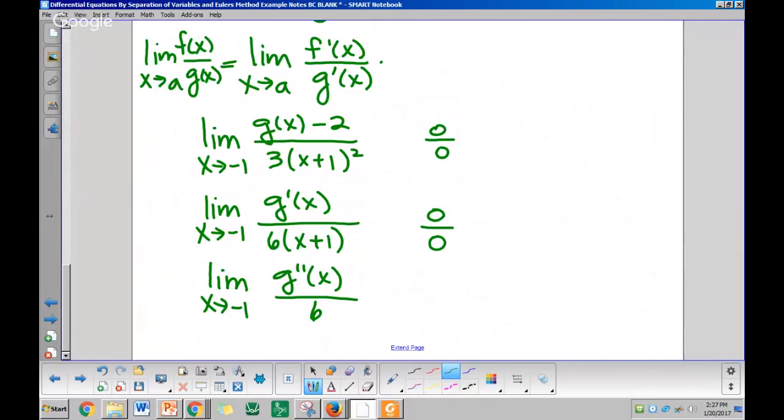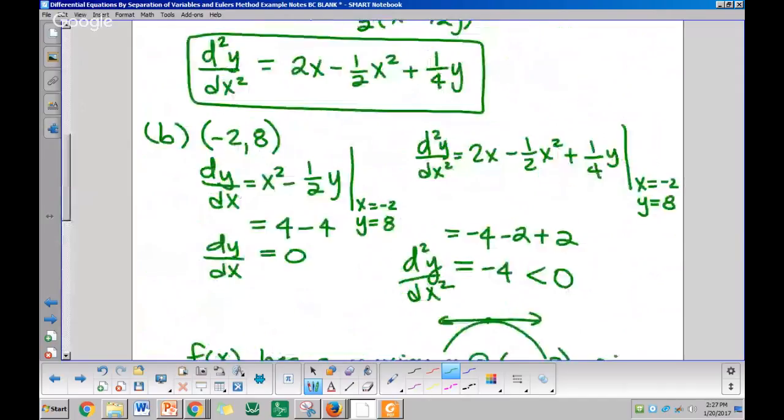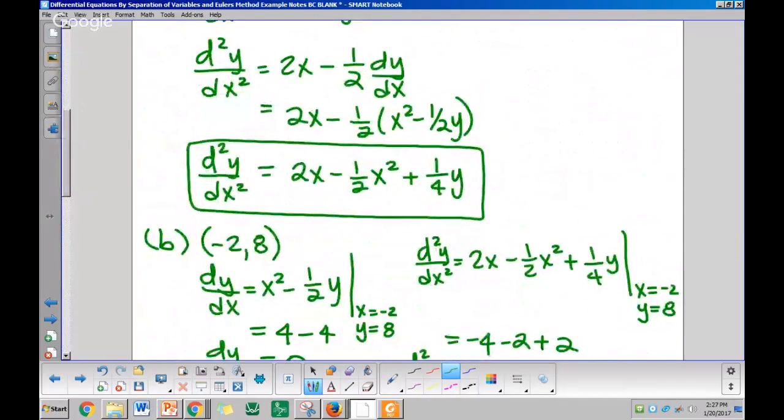But g double prime of -1, did we figure that out? G double prime, that's going to be at -1, 2. So g double prime is going to be the same thing here, isn't it? Yes. G double prime is going to be -2 minus 1/2. -2.